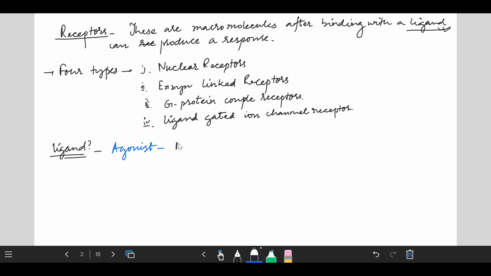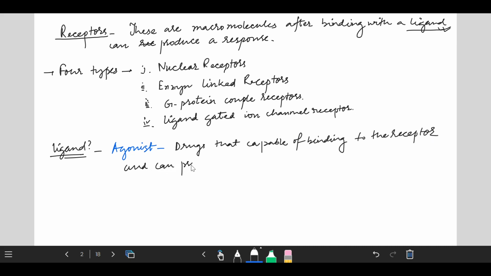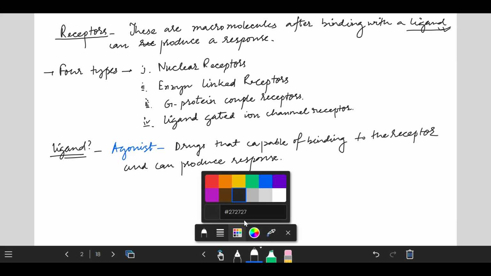So, these are the drugs that are capable of binding to the receptor and can produce a response. Obviously, therapeutic response. Now, this agonist is again subdivided into 3 categories.